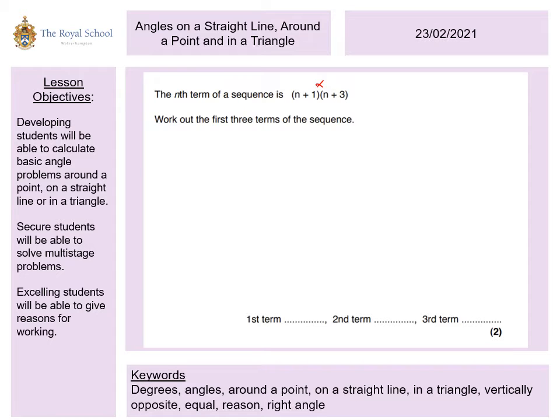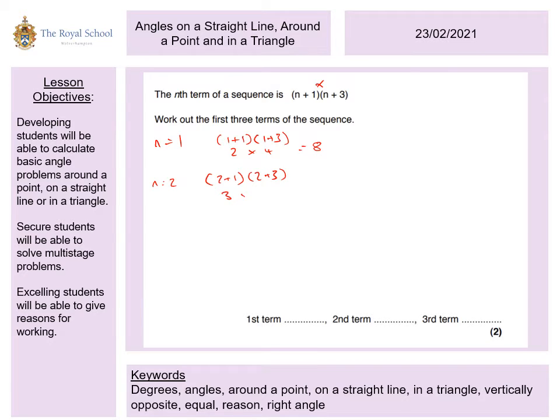So remember, for the first term, we let n equal 1. So that's going to give us 1 plus 1 times 1 plus 3. So that's going to be 2 times 4, and therefore 8. For the second number in the sequence, we let n equal 2, and that means we're going to have a bracket with a 2 plus 1 in it, and a bracket with a 2 plus 3 in it.